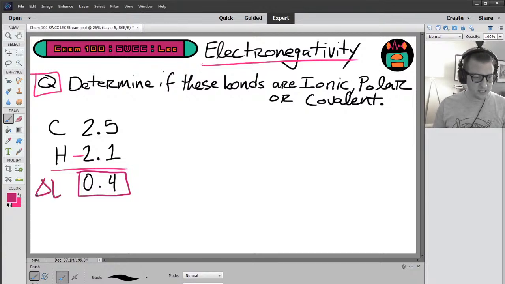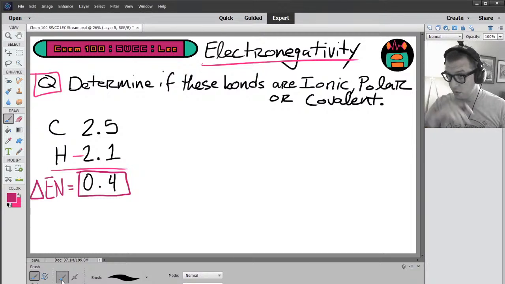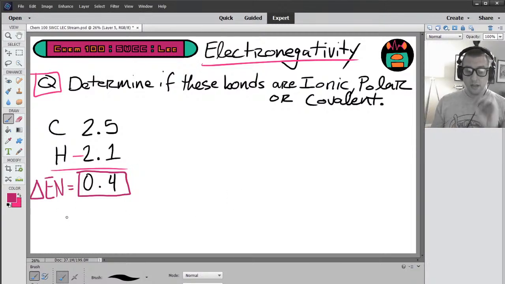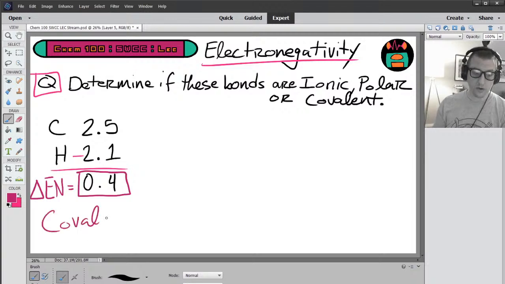So that's what we meant by the difference in electronegativity. You literally subtract one from the other. It's always subtract the smaller one from the bigger one. An electronegativity difference of 0.4 is less than 0.5. That makes this a covalent bond.